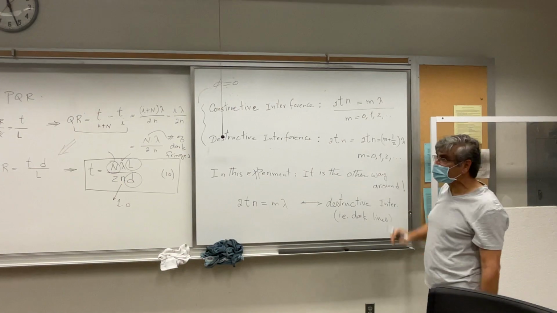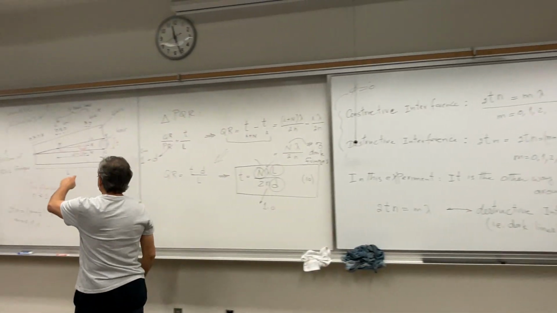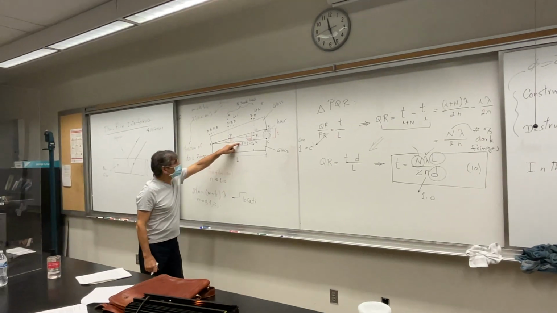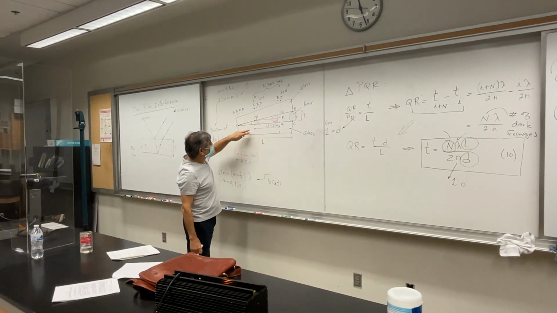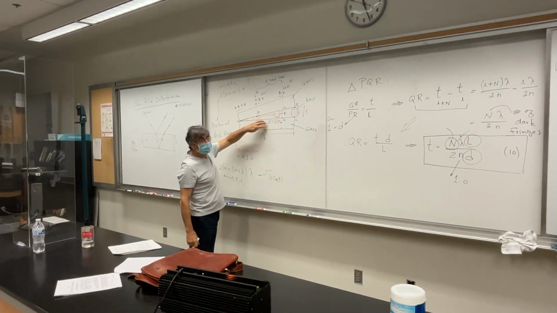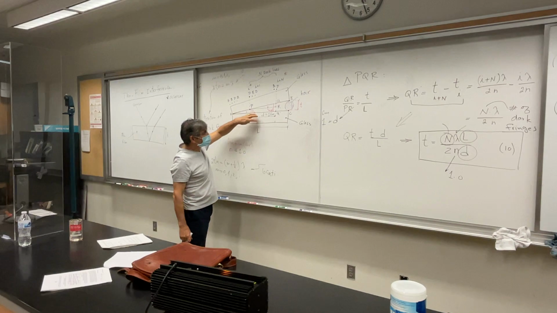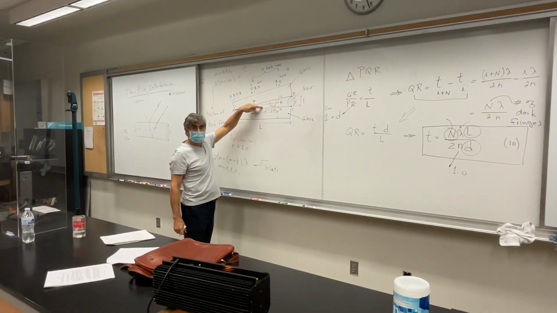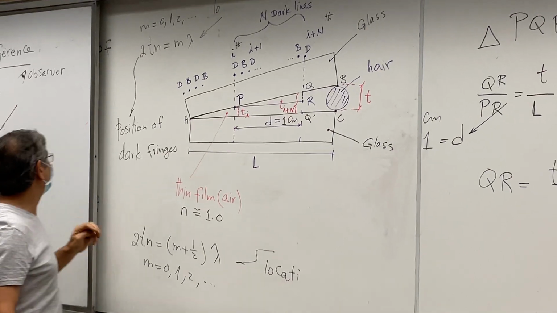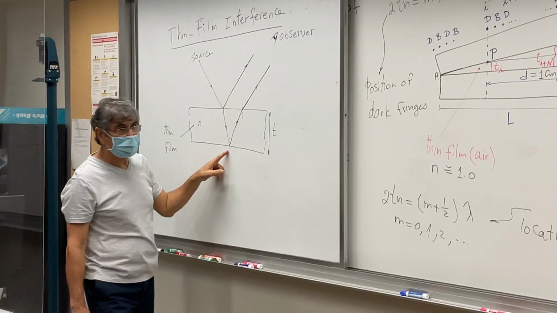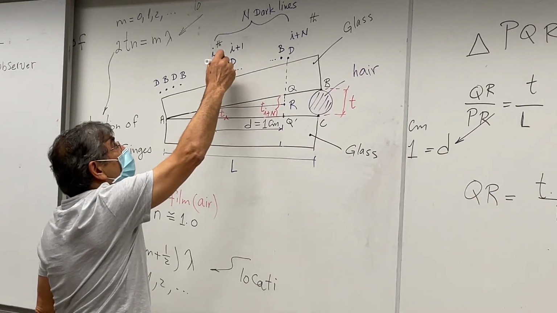However, in this experiment, because down in here, at this lower interface, we have glass with higher index of refraction than air, this is optically thick compared to the thin film. When the ray reflects in here, and I can draw it right here again, the ray comes in here.